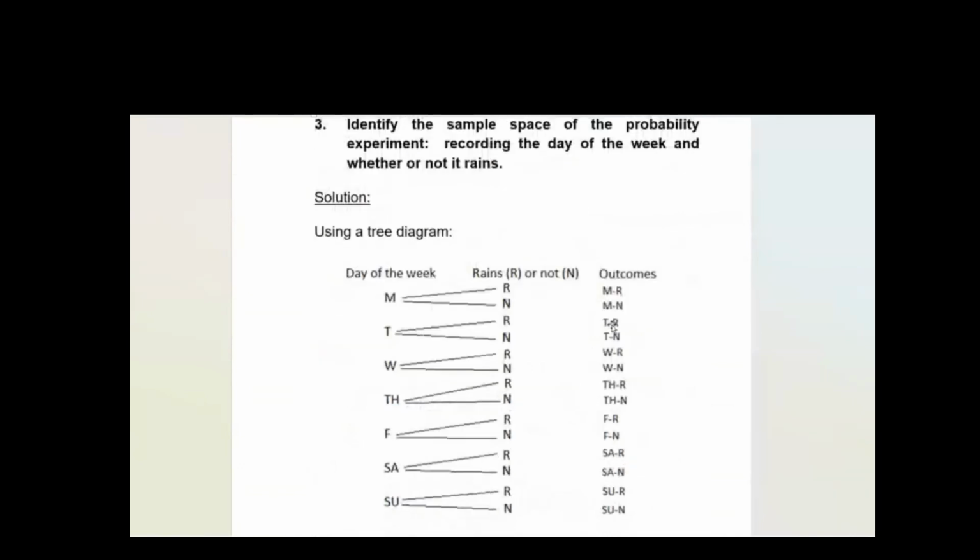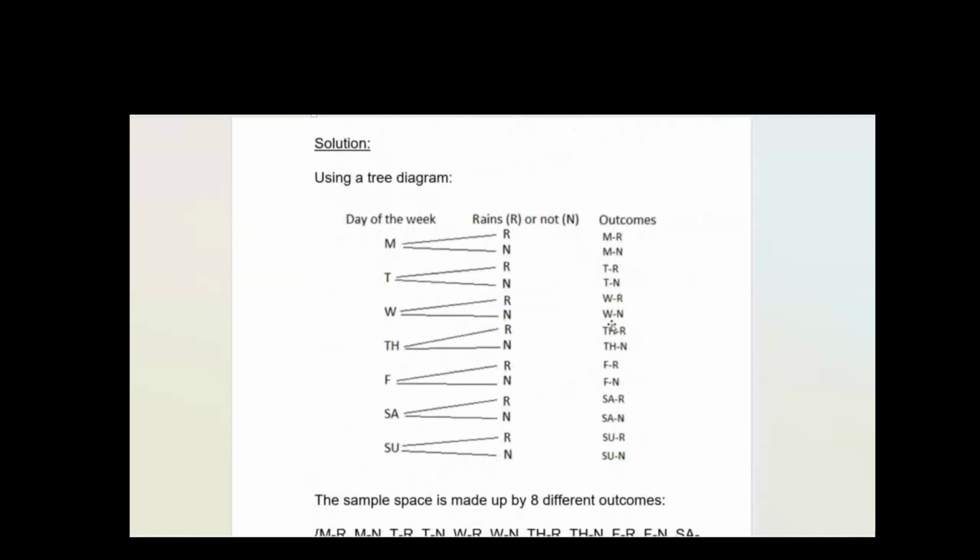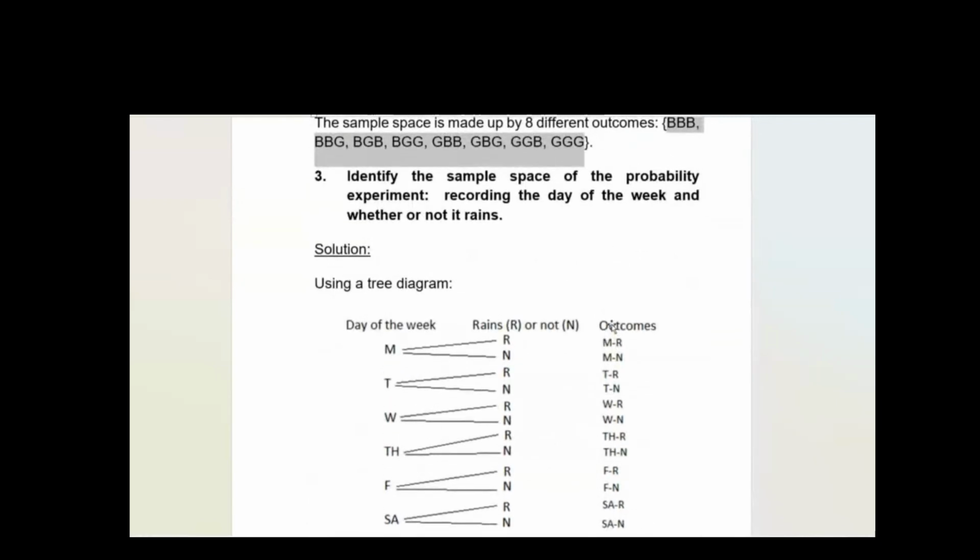Well, we have now, for example, another case: find the sample space of the probability experiment of recording the day of the week and whether it rains or not on that day.